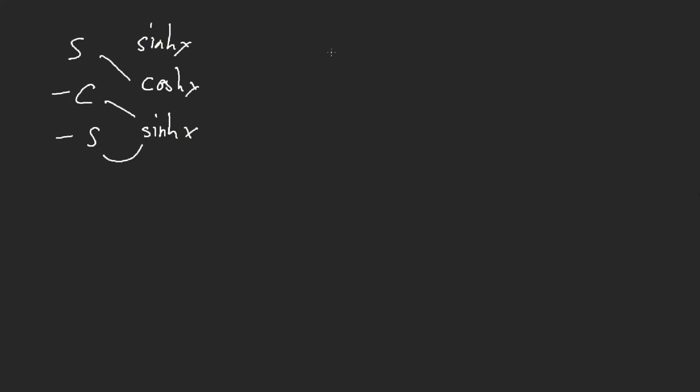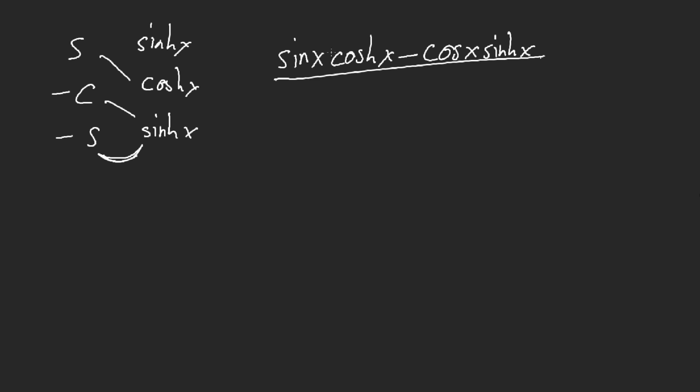And I knew this is the same thing as the I I had, so I knew I'm going to get 2I, and I have to divide by half to the other side. So this is where I'm like, okay, I know the answer now. Sine of x, cosh x minus cosine of x, sinh of x. And because it was recursive, I do a half because it was the same integral.